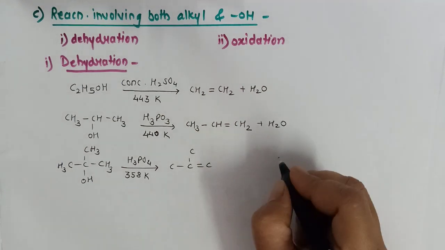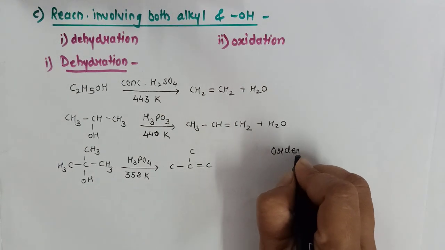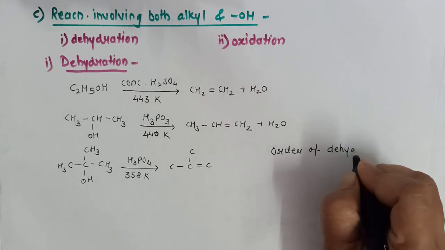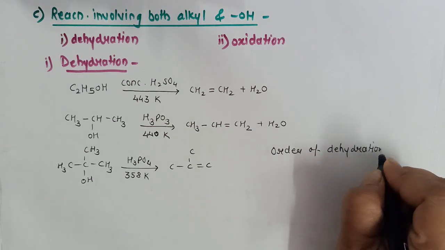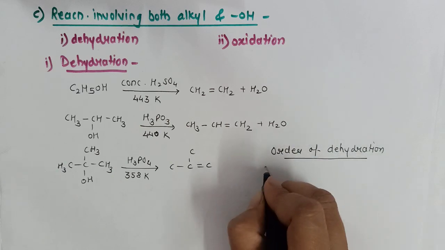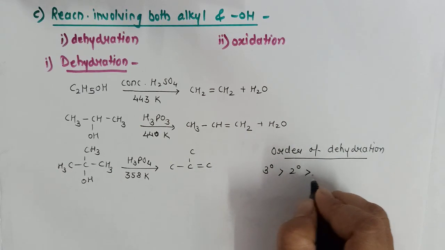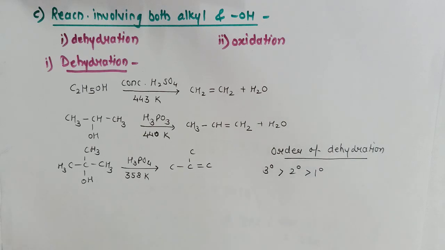So we can say the order of reactivity, or I will say the order of dehydration: 3 degree alcohols undergo dehydration very fast as compared to 2 degree and as compared to 1 degree.